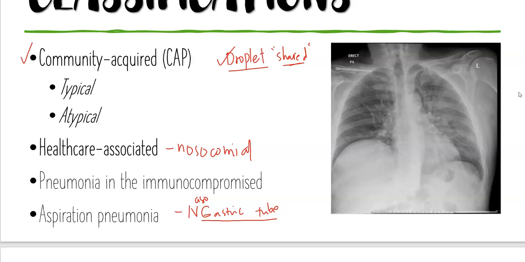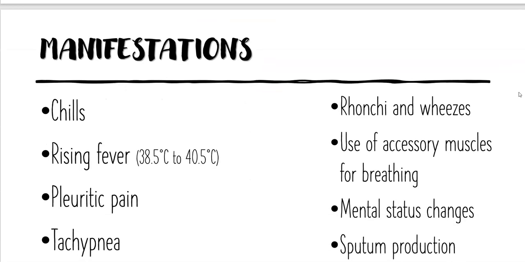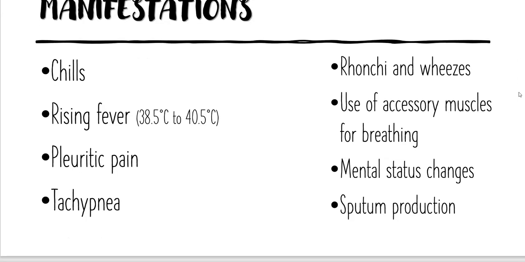Okay? So that is for your aspiration pneumonia. Okay, speaking of your manifestations, what are the signs and symptoms that are very much seen in patients who have your pneumonia?